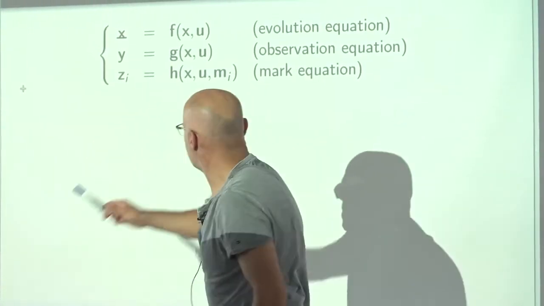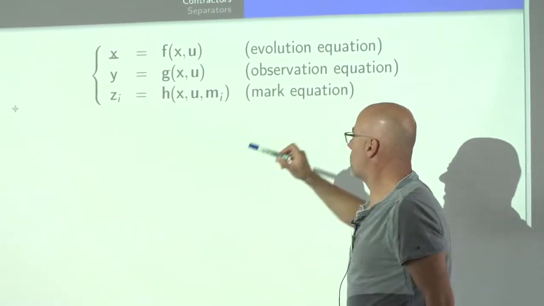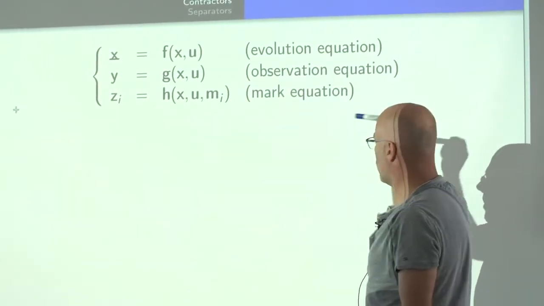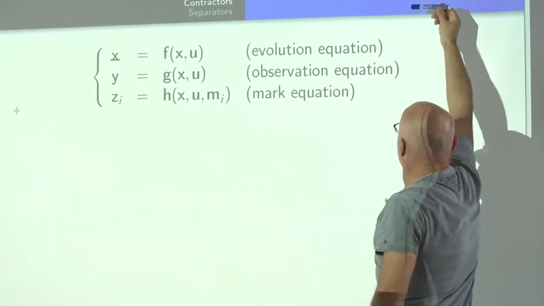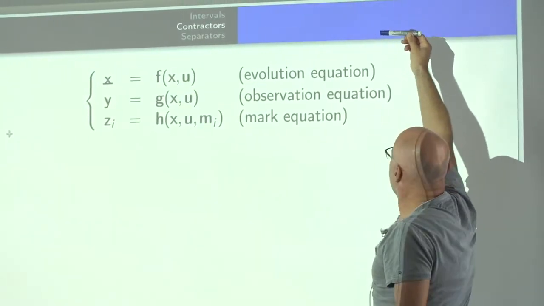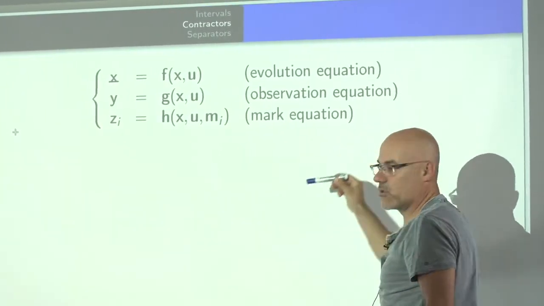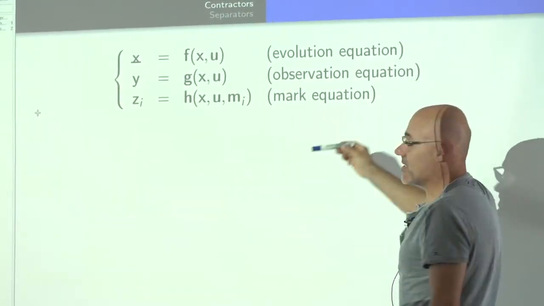Okay, excuse me. Here it's X dot. I have a robot. The robot is a submarine which moves under the water. So at the beginning, it is at the surface of the water here, and it has a GPS. As soon as it goes below the water, it has no GPS.